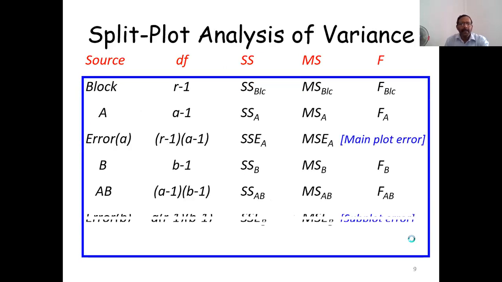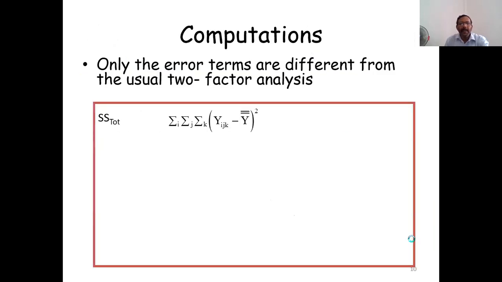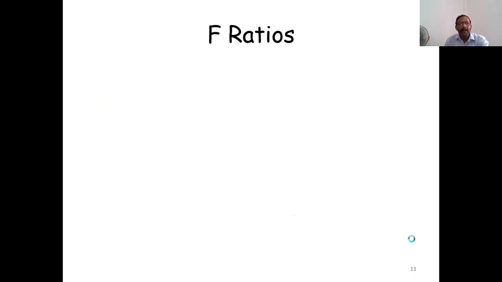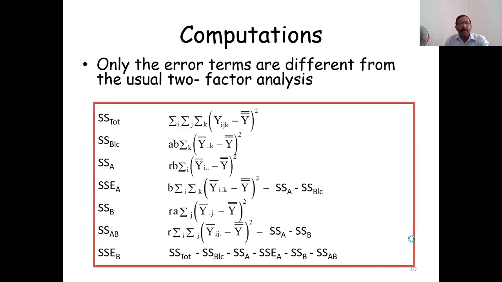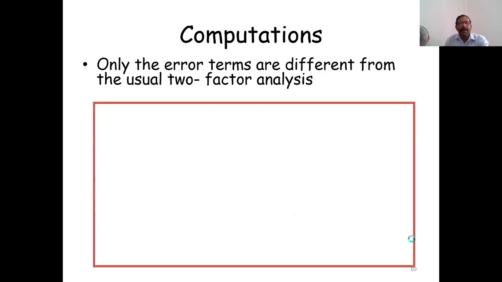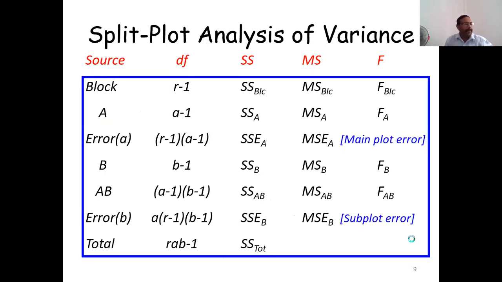I will just brief it. I'm not sure whether I have... No, this is not necessary. Just a second. Right. Take down the summary of the analysis of variance. This is for split plot design. Analysis of variance, right?